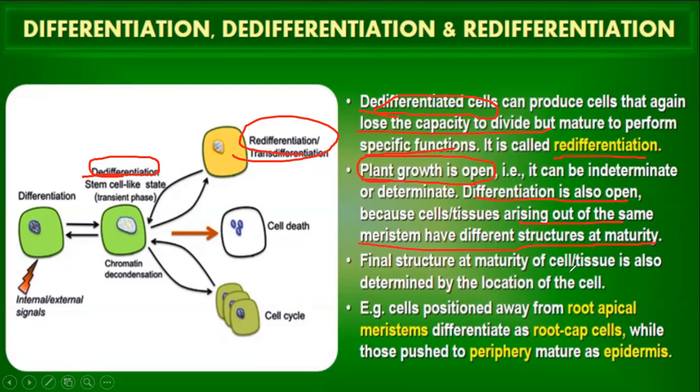The final structure at maturity is also determined by the location of the cell. For example, cells positioned away from the root apical meristem differentiate as root cap cells, while those pushed towards the periphery mature as epidermis.